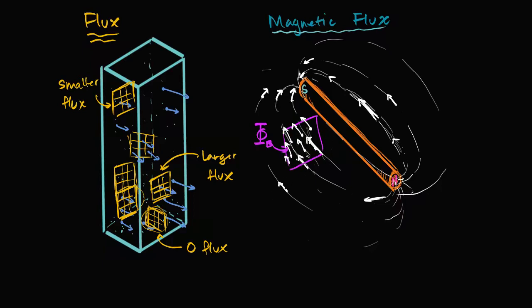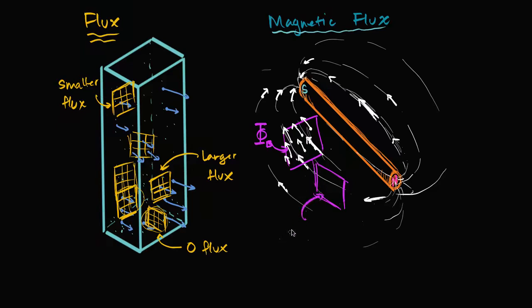to this actual surface. So this would have one magnetic flux, but if I were to take the same surface and make it parallel to the magnetic field vectors instead of being normal, now our flux is zero.